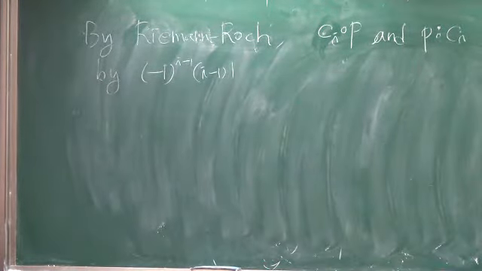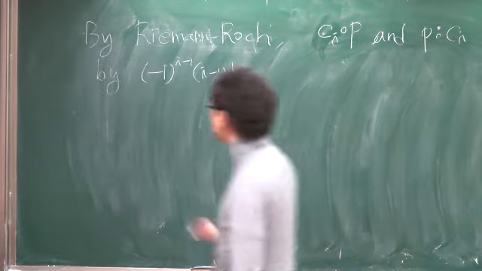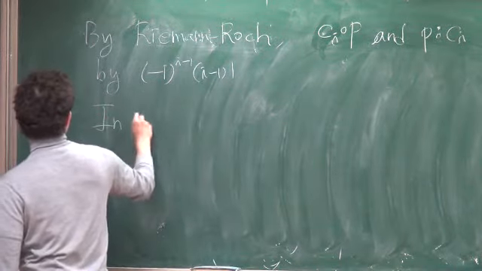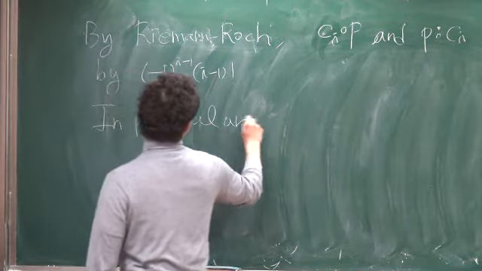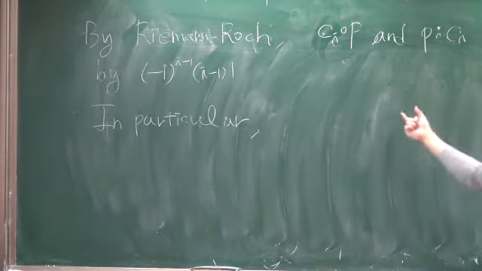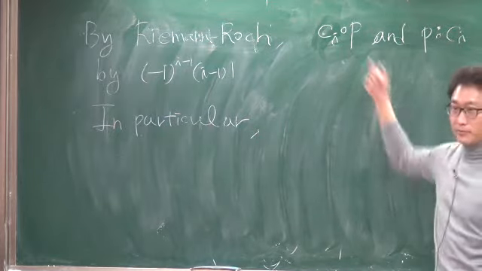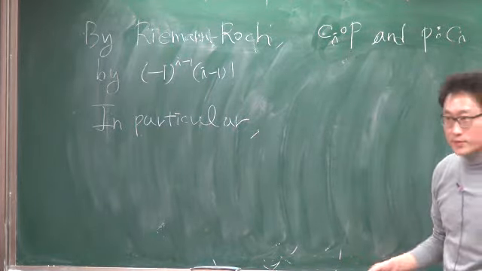So in particular, this means that over Q, c_i and p are both isomorphisms.